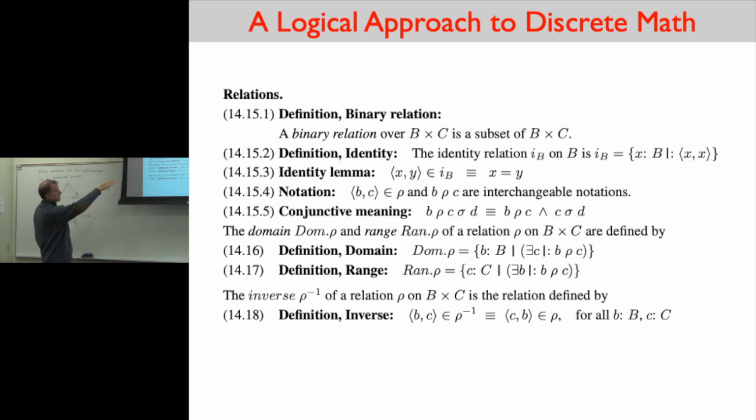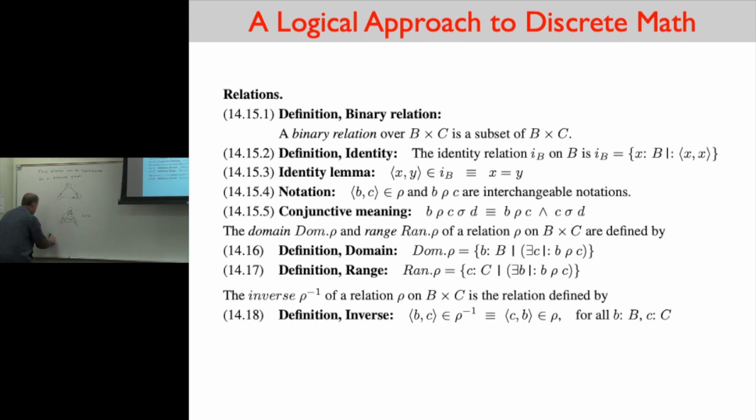Definition, identity. The identity relation I sub B on B is I sub B equals the set of all x in B of the pair x, x. So tell me, what is I sub B in this case?